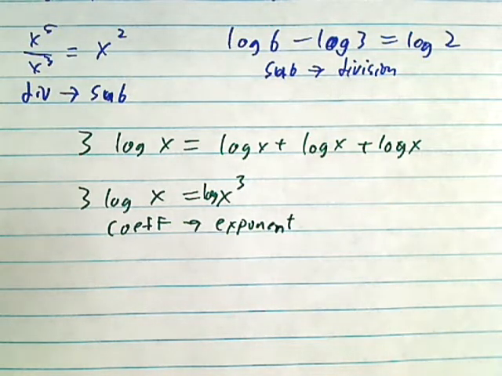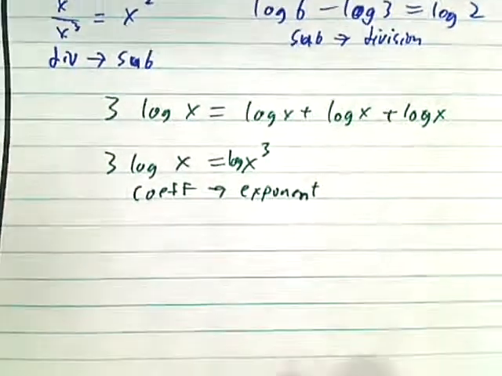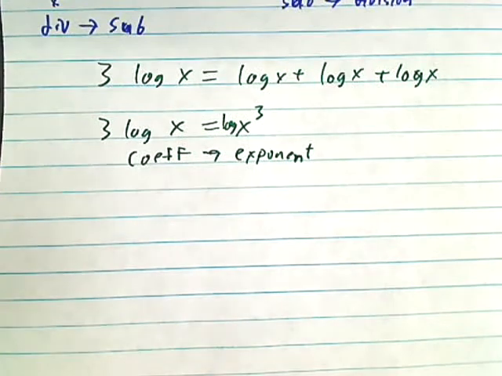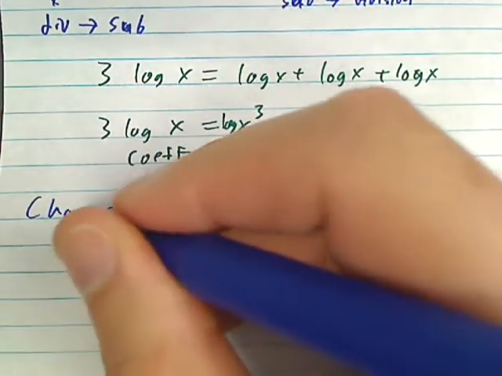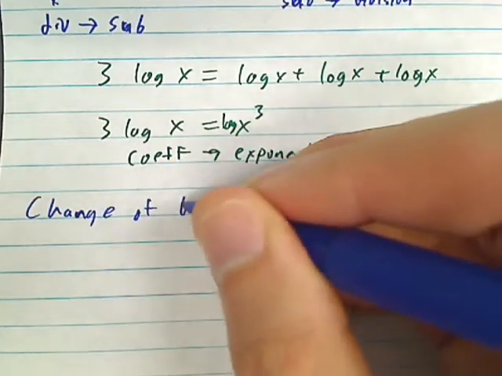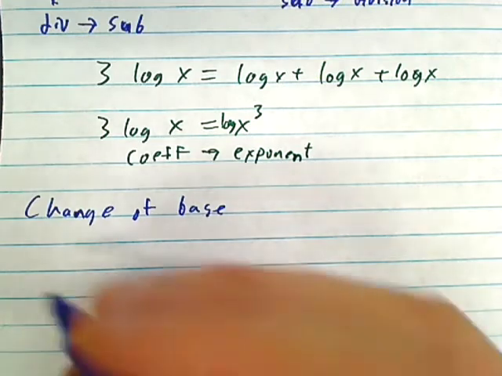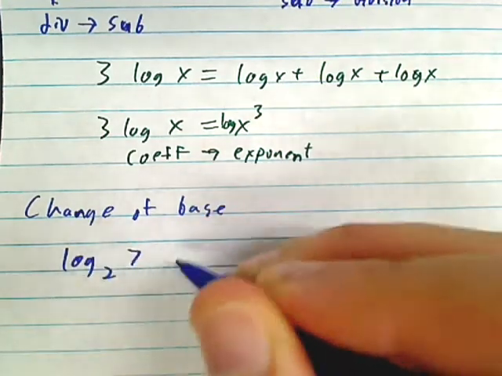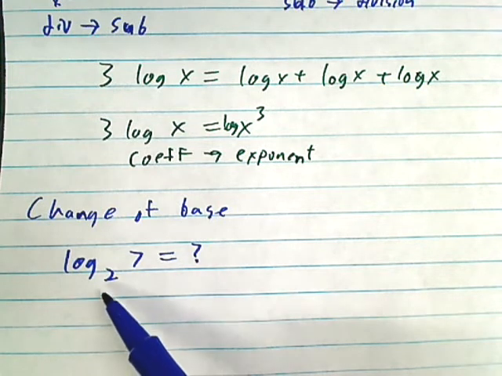Now we have a formula I'm going to share with you. If you look in your calculator, it just has log base 10, and that's not always what we want. We have different bases, so this is the change of base formula. And it's really easy, as long as you remember what to do. Let's think about what log base 2 of 7 is. I can't type this directly into the TI-83, and I can't do it mentally either. 2 to some power gives me 7.